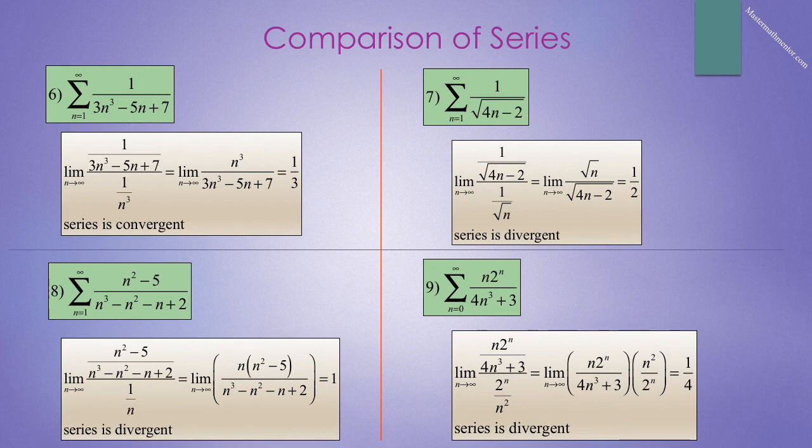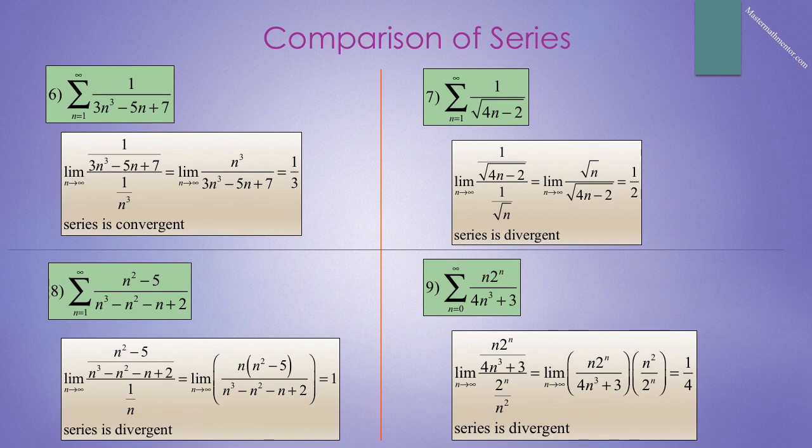Our benchmark needs to be an expression so that when we flip it, all the terms cancel other than the numbers. So we will use 2 to the n over n squared. And this is divergent, as the numerator is more powerful than the denominator, and it will fail the nth term test.